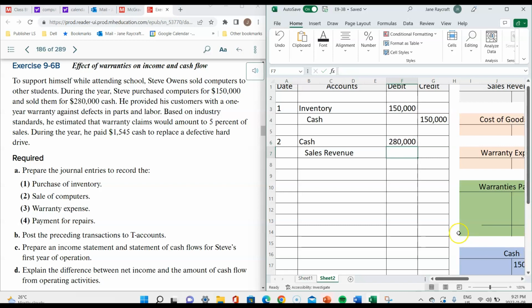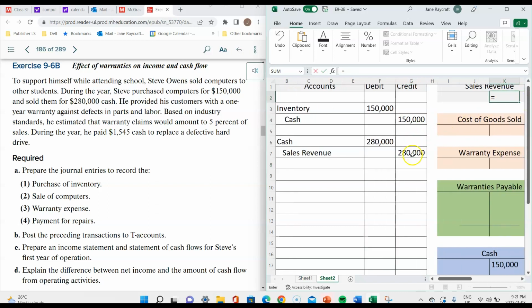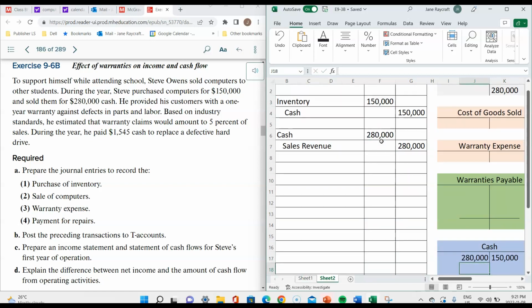And revenues are always credits, so we're going to credit that. That sales revenue goes on the credit side of the T account. Woo! My cash goes up by $280,000. Yay!